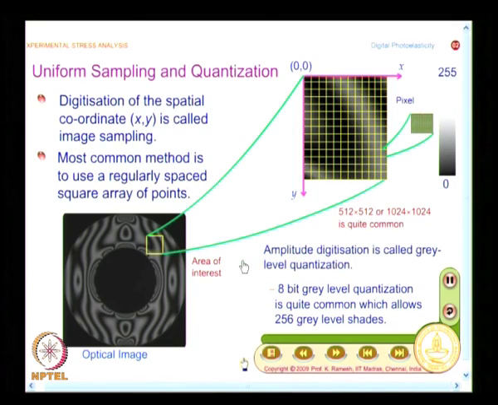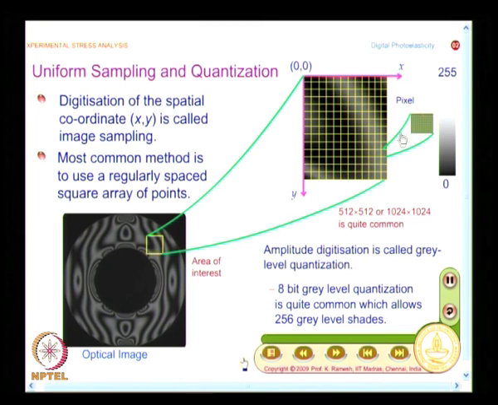Okay. And what you have here is the spatial discretization, which could be an array of 512 by 512 or 1024 by 1024. Now, much higher spatial resolutions have come, but what is quite common is 512 by 512 or 1024 by 1024.